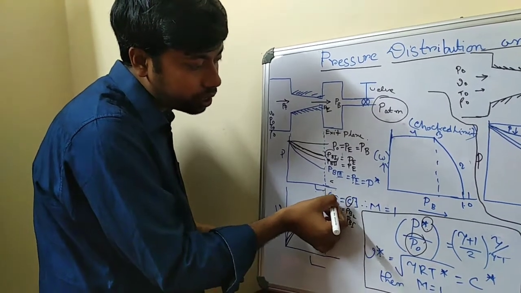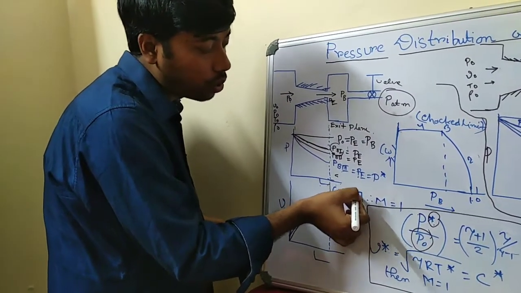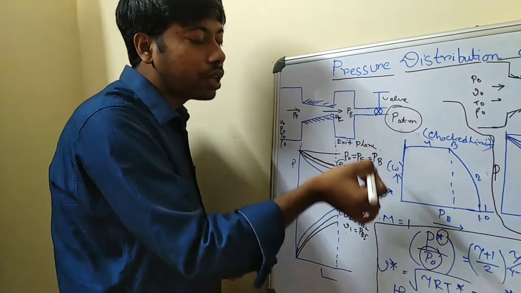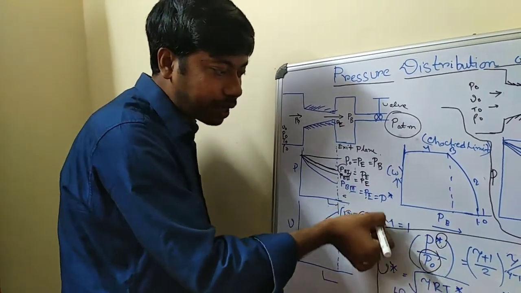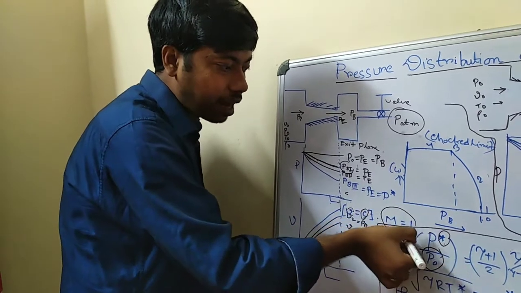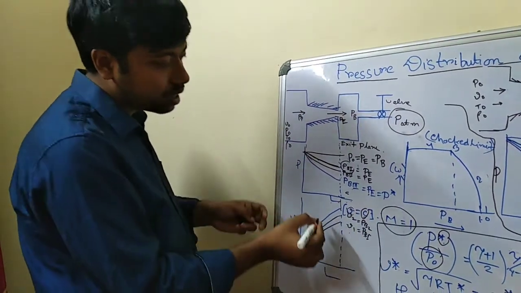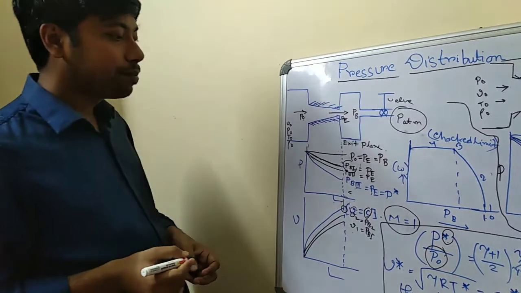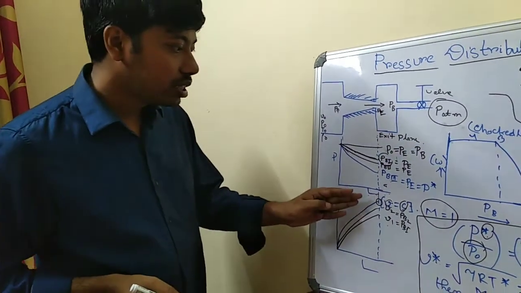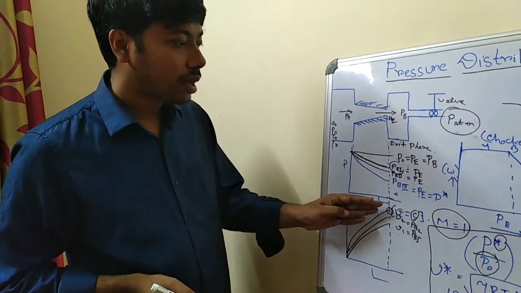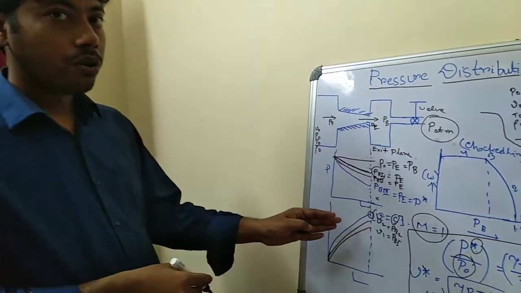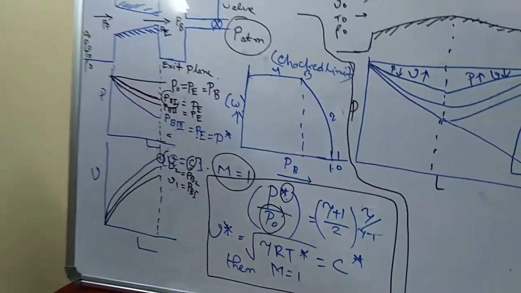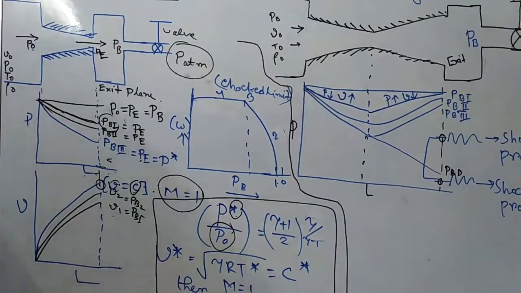So the velocity of fluid is equal to the velocity of sound when the pressure has reached P star, and at that particular time Mach number is basically 1. So at that particular region, the velocity is maximum, and obviously the mass flow rate is also maximum.